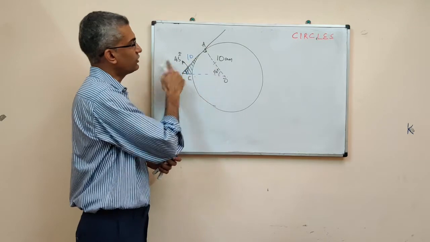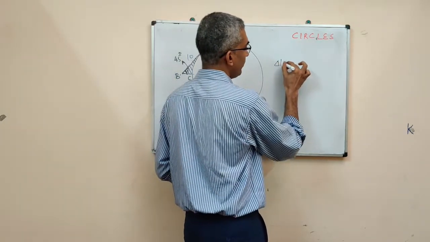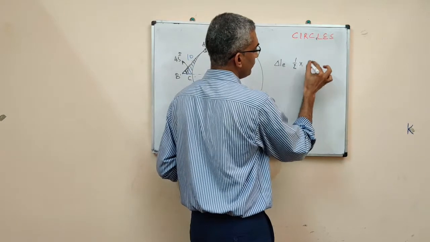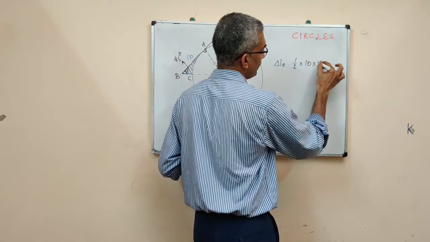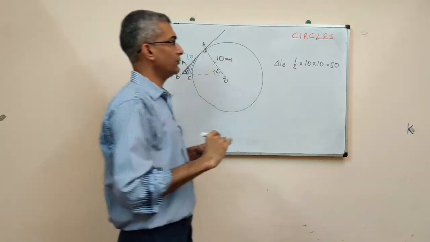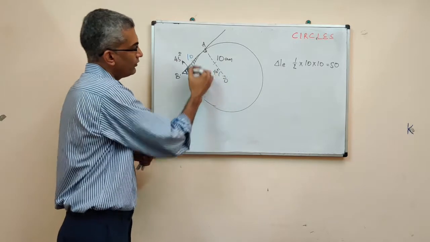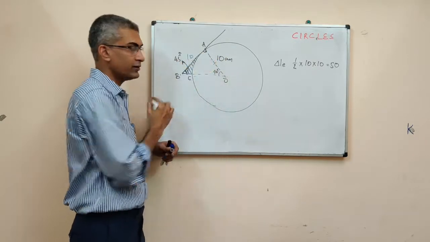The base is 10, altitude is also 10. So the area of the triangle will be half into 10 into 10. Area will be 50 centimeters square. Half base into height.